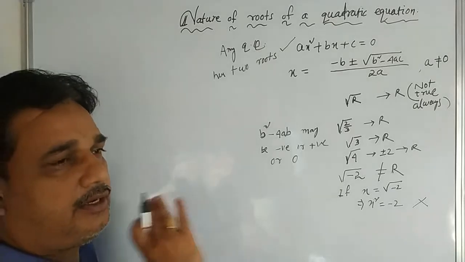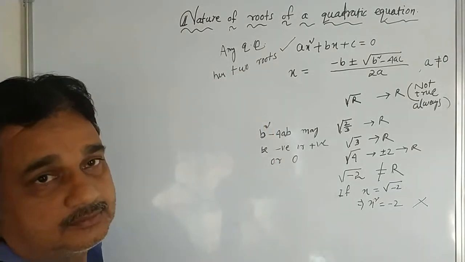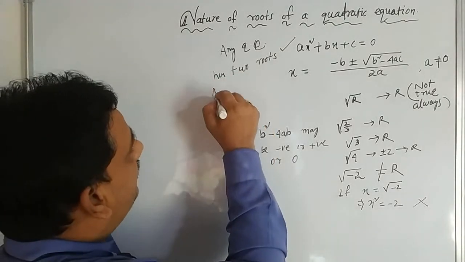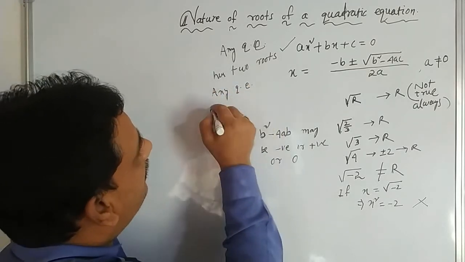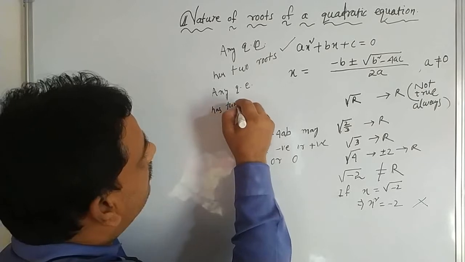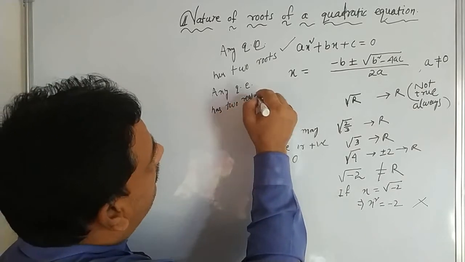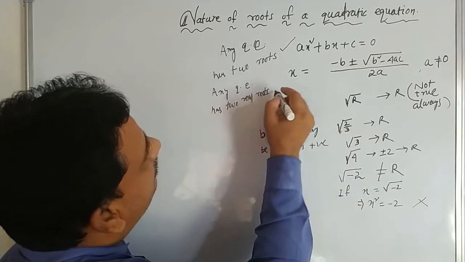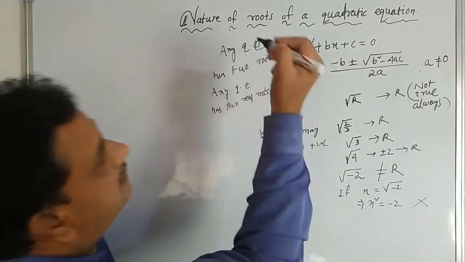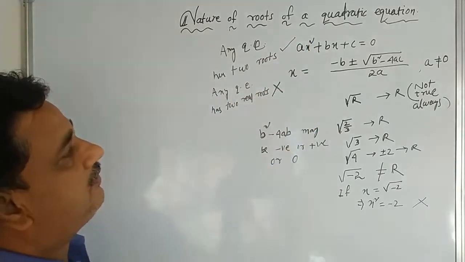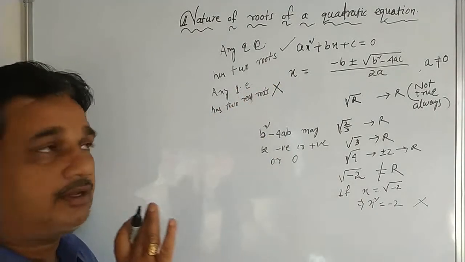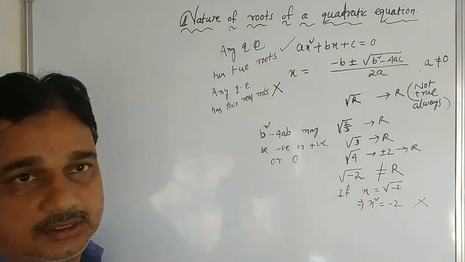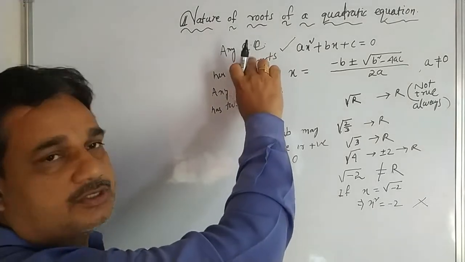But to say any quadratic equation has two real roots is wrong. All quadratic equations cannot always have real roots. But they have roots.